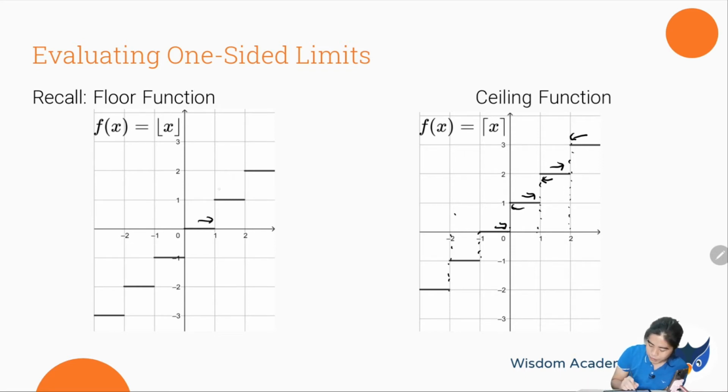Okay? So, ganun. Hindi maging sapat yung direct substitution kasi different yung values nila from the left and from the right. So, kailangan natin i-account yung from the left or from the right.